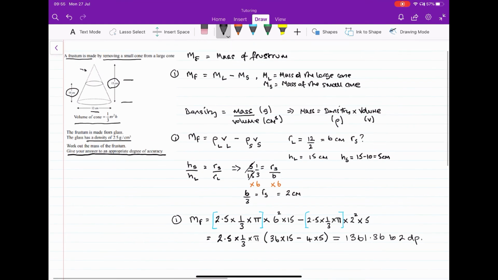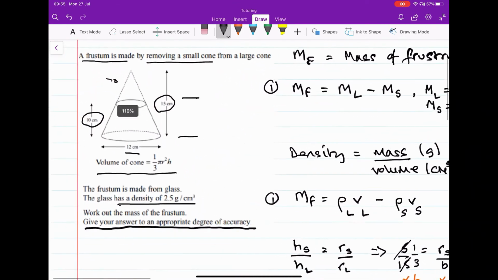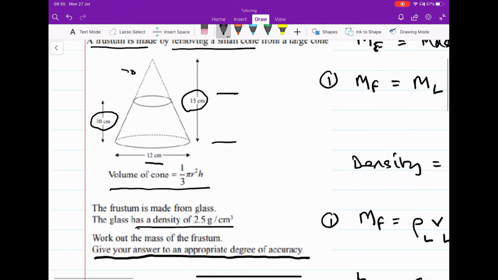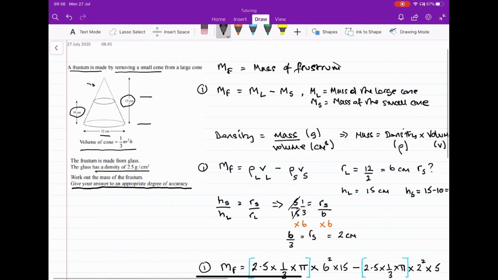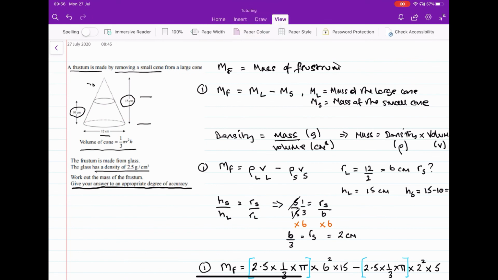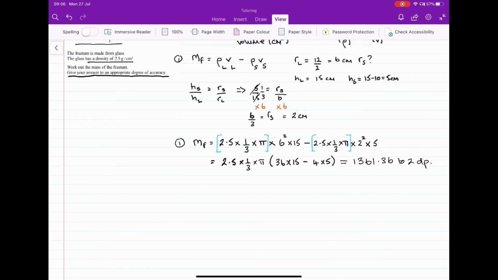And if you look at each of the values that we've been given, each one of these figures, 15, 10, 12, and 2.5, have been given to 2 significant figures. So therefore, an appropriate level of accuracy would be to 2 significant figures.